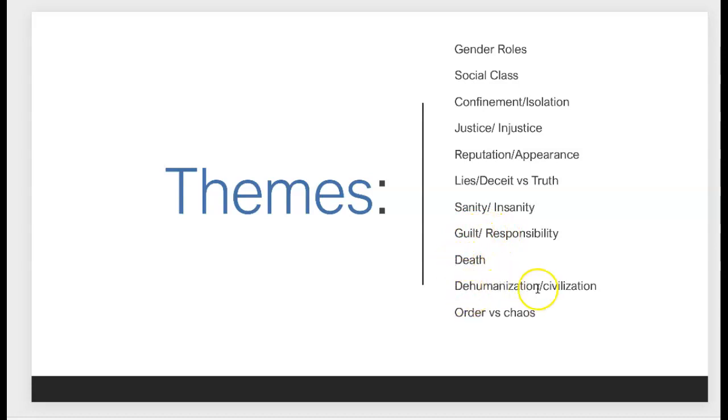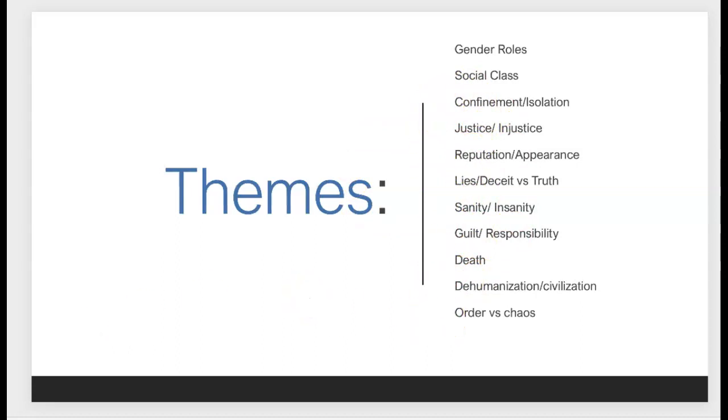Death, dehumanization or civilization, order versus chaos, and there are so many more themes, but these are a number of them that really are emphasized, like self-preservation and survival of the fittest, those concepts we've talked about through our discussions of the novel. So you want to pick the theme that you think is the most apparent, or the one that you want to write about the most.